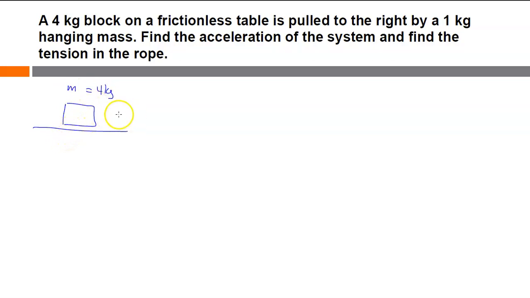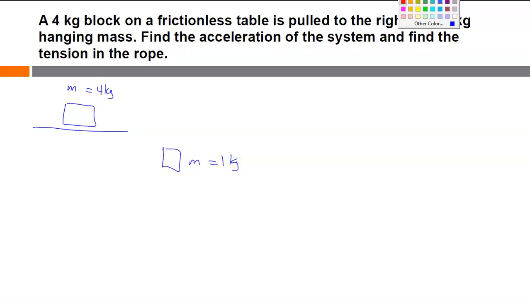It's pulled to the right by a 1 kilogram hanging mass. A hanging mass, that would be over here. That's another mass, 1 kilogram. Maybe it would make sense to call this one mass 1. And the stupid thing ain't gonna let me do it. Sometimes it will if, oh, I lost my pencil.